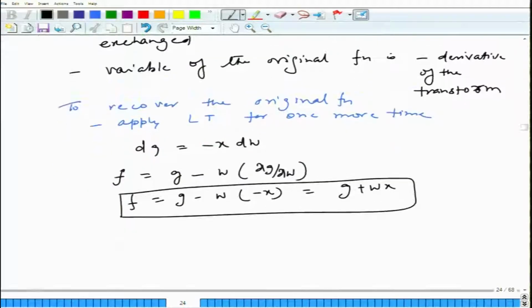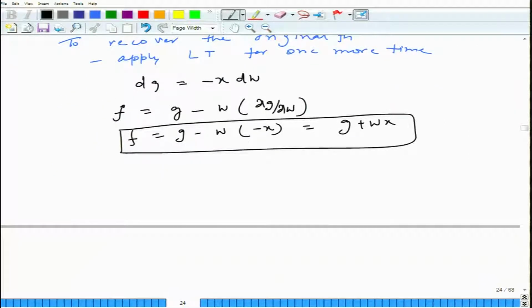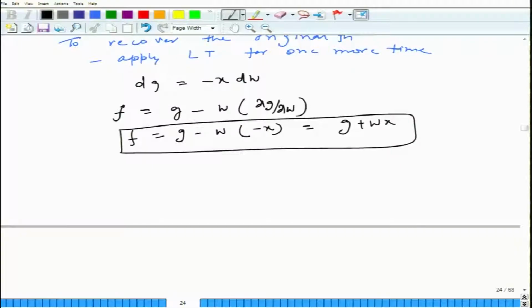function. Okay. Now, having derived this, let us apply this concept to the function which we just did, in order to show that simple integration does not work. So, let us again use the same function.